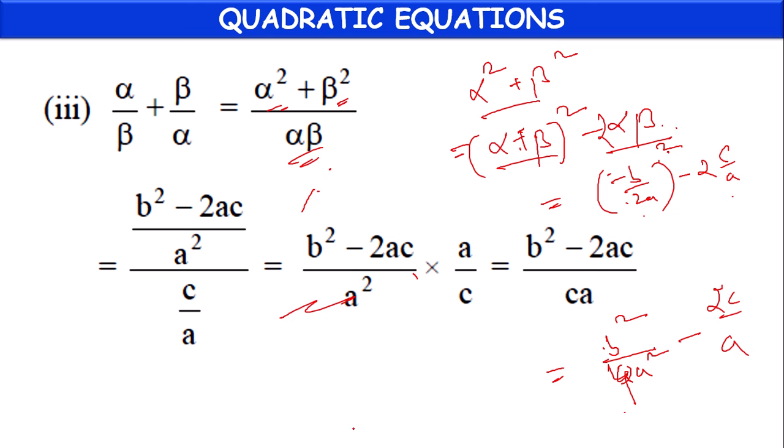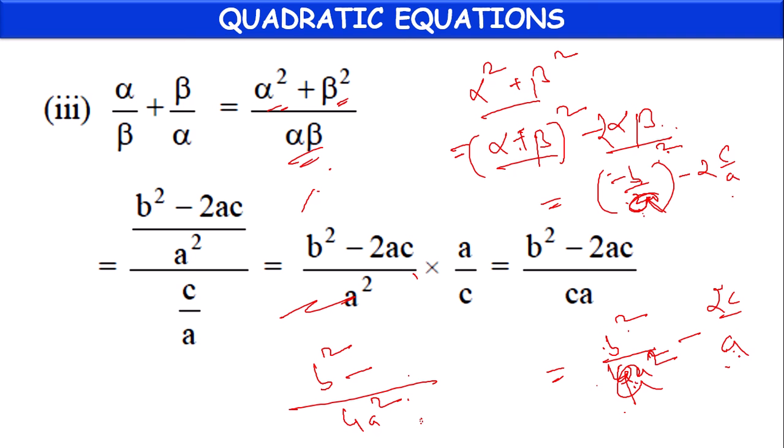Sorry children, here it is b by a. B by a squared means b square by a square.